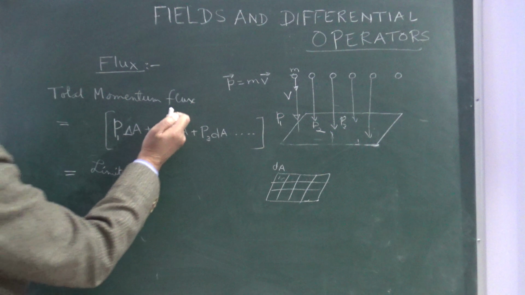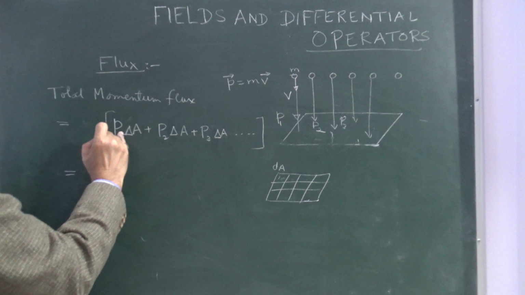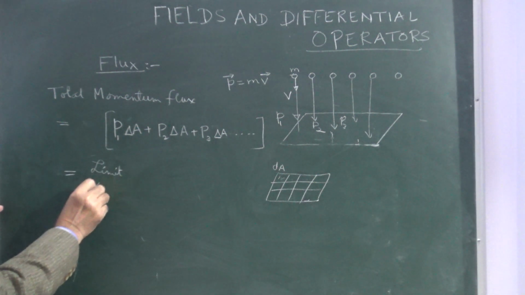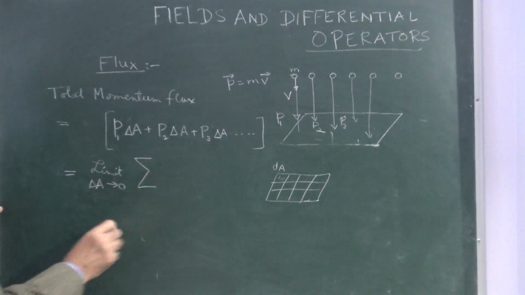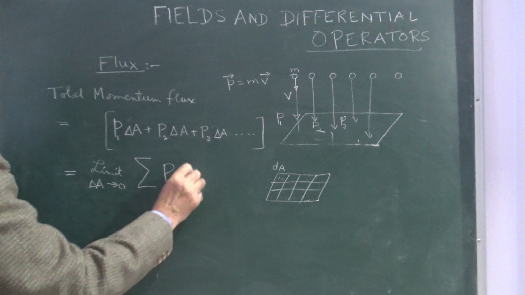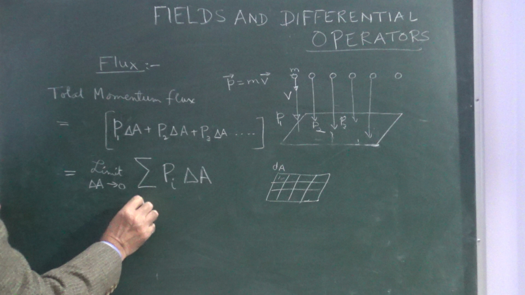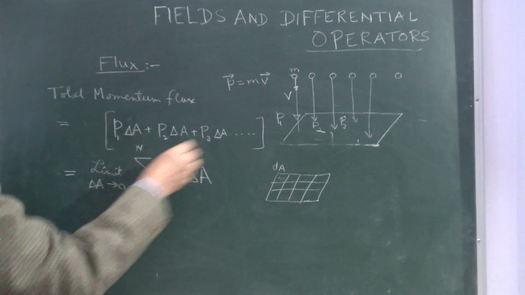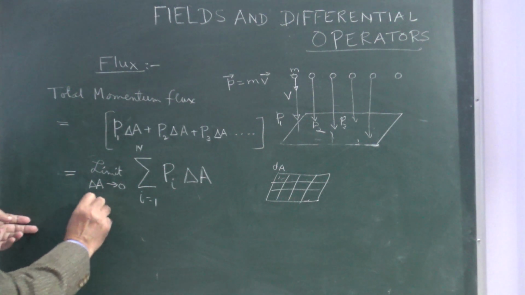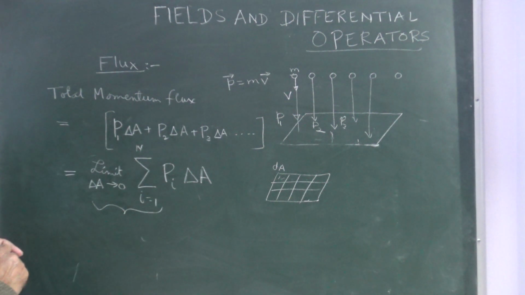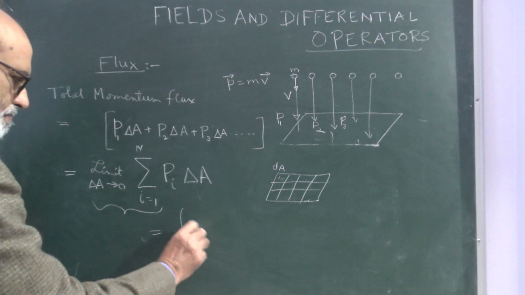Instead of dA, it's better to take delta A. So limit delta A tends to 0, and we write it as the sum of P_i delta A_i, i from 1 to n, where n may be very large. This whole process can be written by one symbol, P dot.